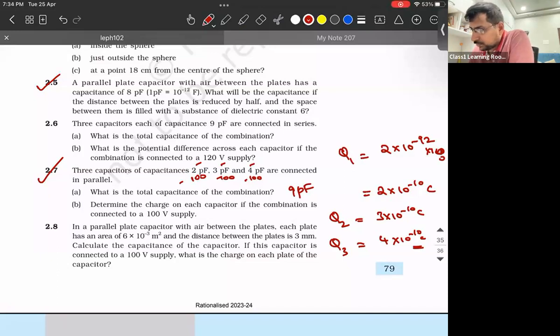What is the answer? What's the answer? So first of all, tell me how to do. Not concerned about calculation. Tell me how to solve.